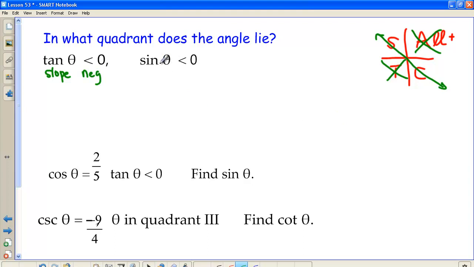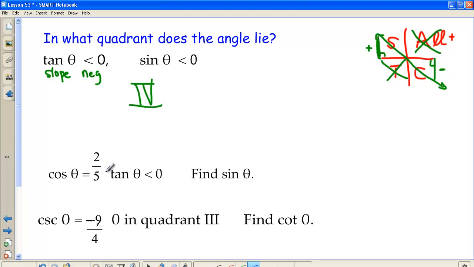But we also want the sine values to be negative. And over here, if you take a look, my sine values are going up in the positive direction, whereas in this quadrant, my sine values are negative because they're going down. So I would say quadrant 4.